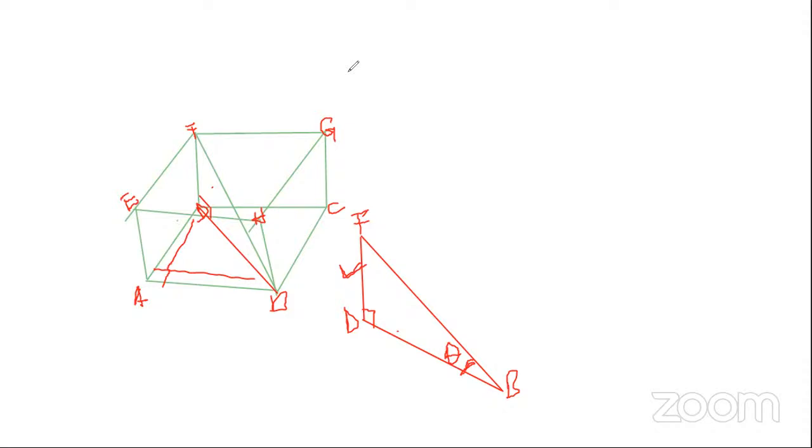So I'm going to sit and organize some work. I hope by the end of the day or by tomorrow morning, you will be receiving that work. Please attempt it and forward it for marking.